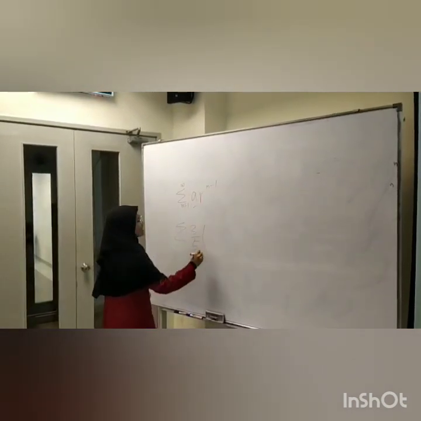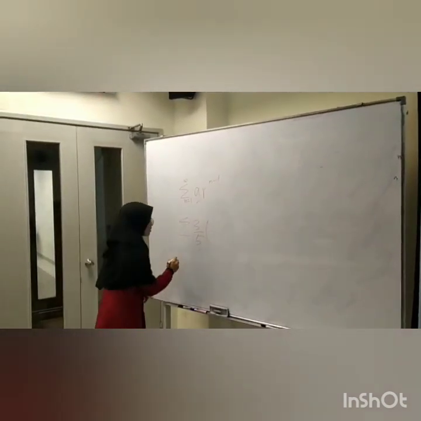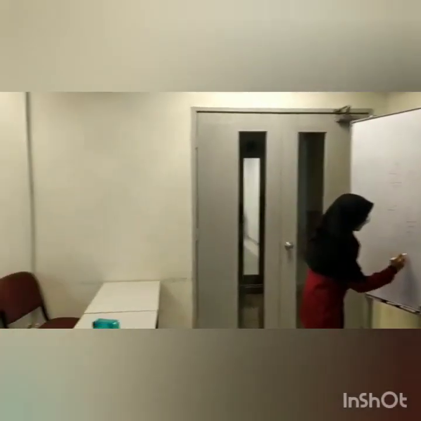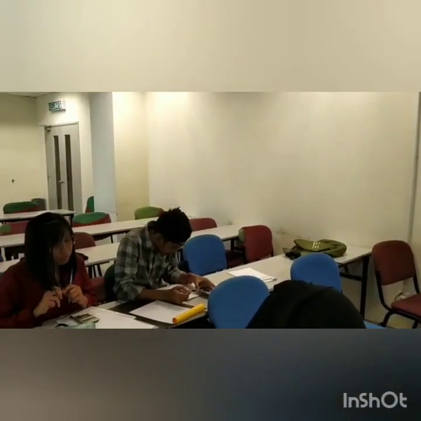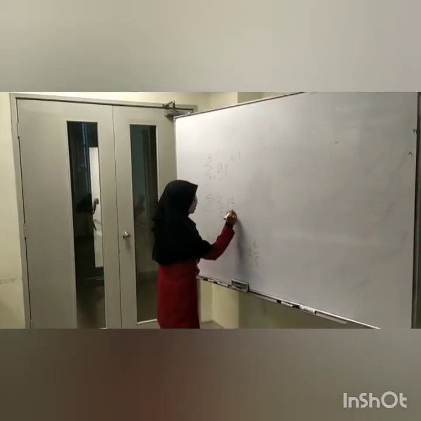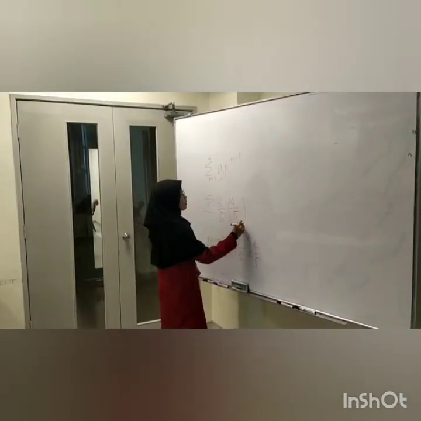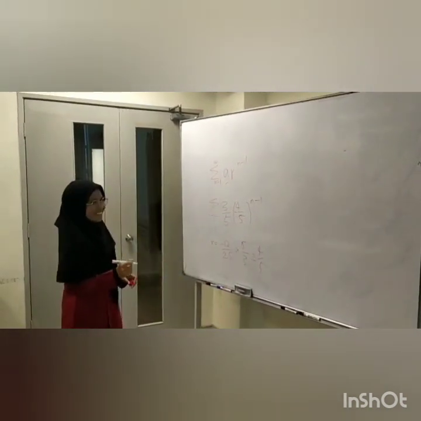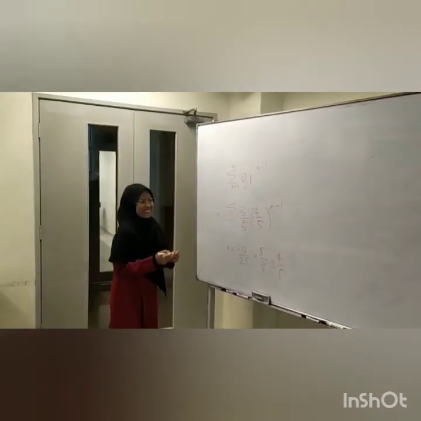And r, can someone help me to try the r? r is equal to negative 12 over 5 over 3. 4 over 5. What? 4 over 5. Negative. So I think negative. Yes, negative 4 over 5 and minus 1. Maybe. Okay. Am I right?